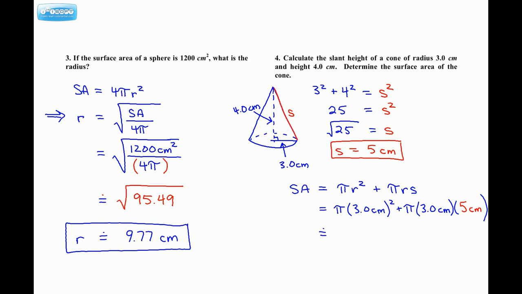So work this out. Pi times 3 squared plus pi times 3 times 5. And you should get approximately 75.4. And this is a surface area, so my units are centimeters squared. I'll put that in there. I'll put a box. And there we are.